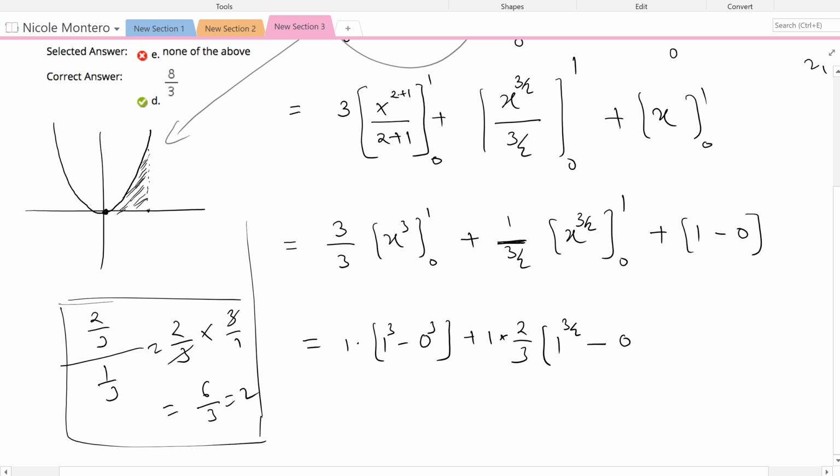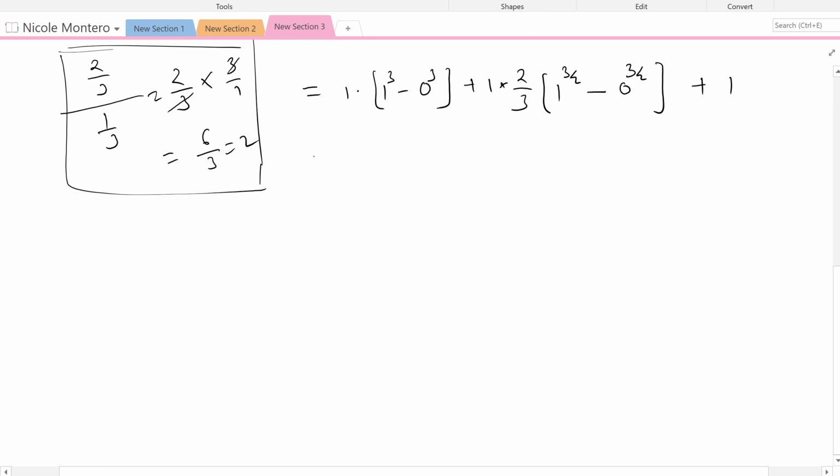So you replace all the x variables inside with whatever limit you are substituting. Now I'm substituting the lower limit, so 0 raised by 1 minus 0 is just 1, so we got 1 cubed is 1, minus 0 is still 1.